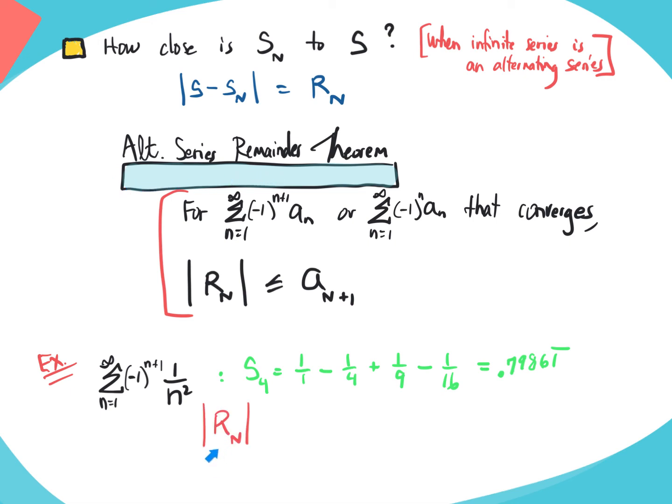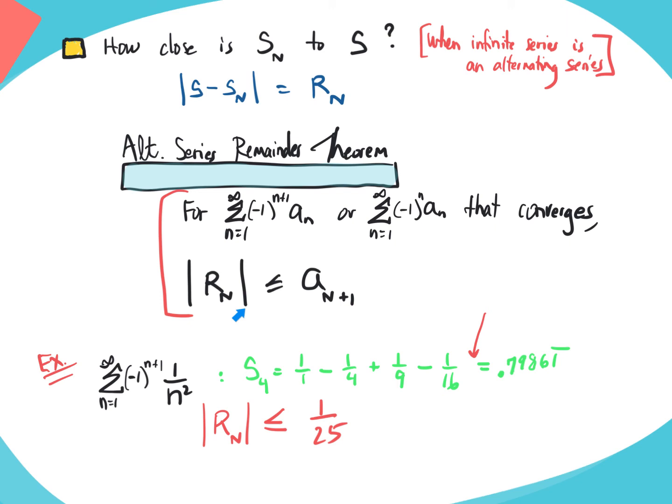And it says that the remainder, when we use the nth partial sum, is no bigger than the first neglected term, which in this case is 1 over 25. I'd like to make that observation one more time, which is the bound of the error is the first neglected term.